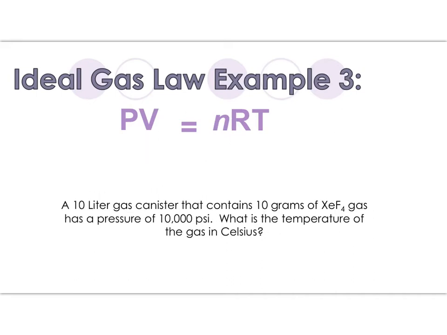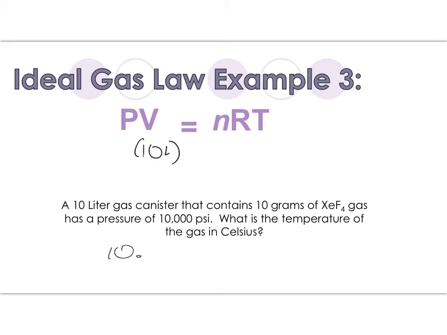All right, so for this problem, I do want you to pause the video, read it, try to solve it by yourself, and then come back to it. While reading this problem, it says you have a 10-liter gas canister that contains 10 grams of xenon tetrafluoride, XeF4.